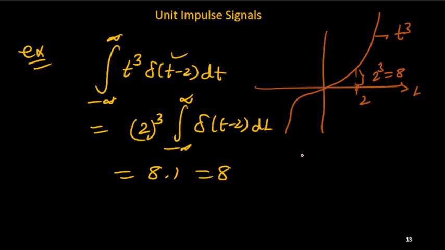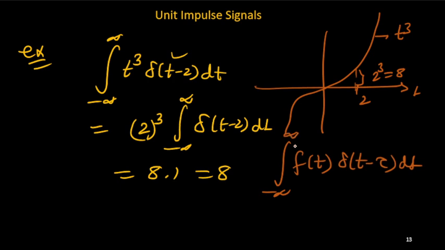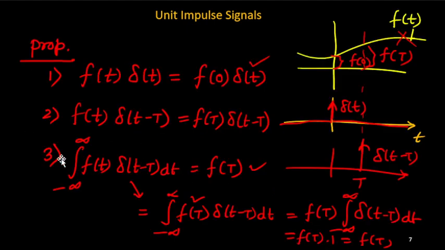So the integral of f(t) delta(t minus tau) dt will take the sample at t equal to tau, so you will get f(tau), which we have already shown. This is the sampling property. We can take the sample at t equal to capital T by this method.